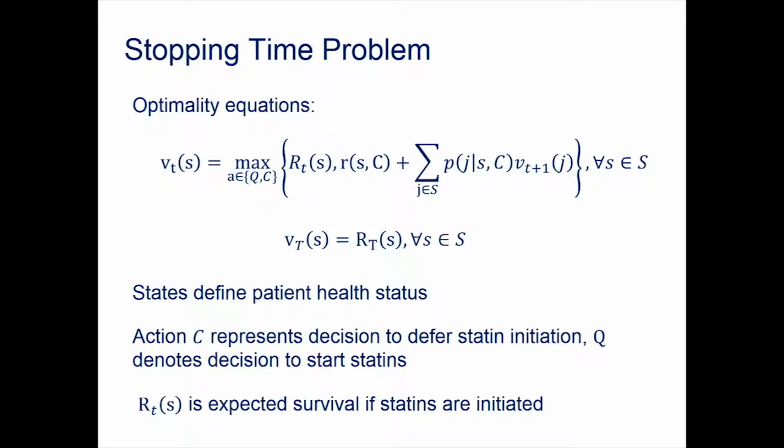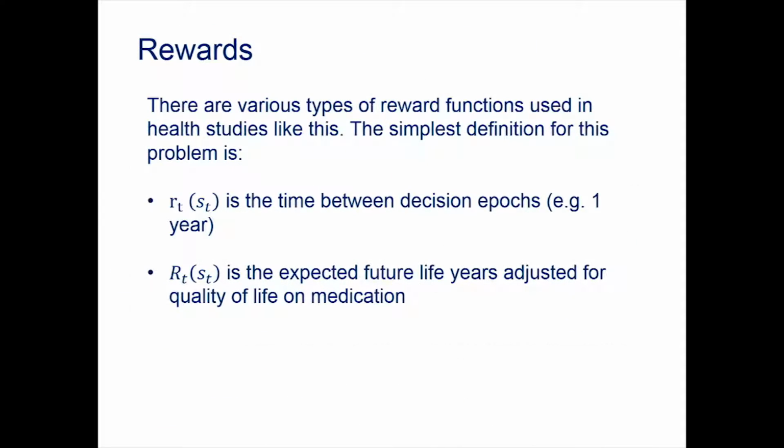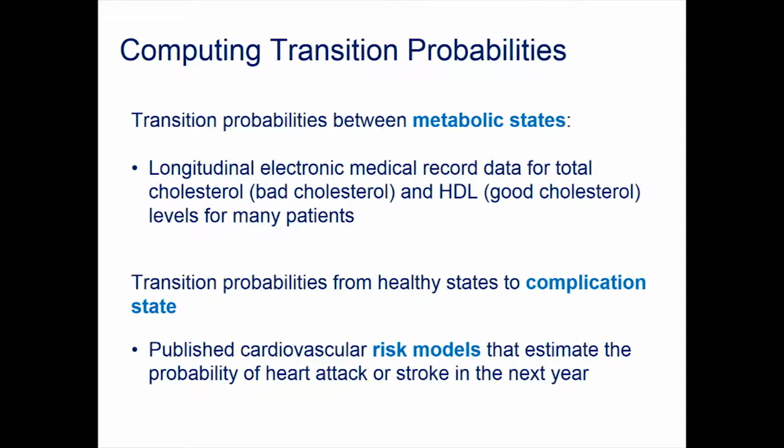Could you talk a little bit about solving this problem for certain subsets of the population? Maybe that might help. Yeah, absolutely. That's a perfect segue, and then we'll come back to it if you don't feel like I answered that question. So I'll talk about computing transition probabilities that underlie the Markov decision process.